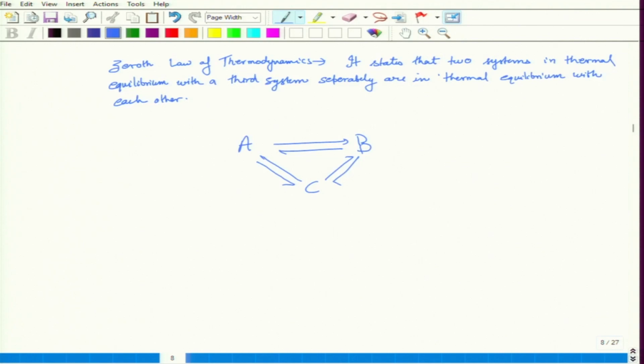What we did here is, instead of 2 gases, we have taken 3 gases.